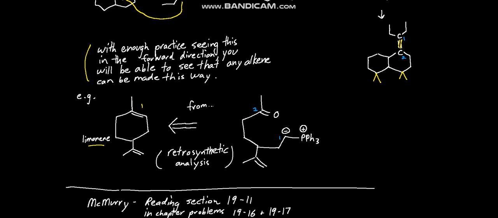And you can imagine this alkene having formed with a carbonyl on one side and an ylide on the other side. In fact, you could have the ylide on this side and the carbonyl on this side. You can have them on either side. There might be a reason for putting them on one side or another if you dial into the details.